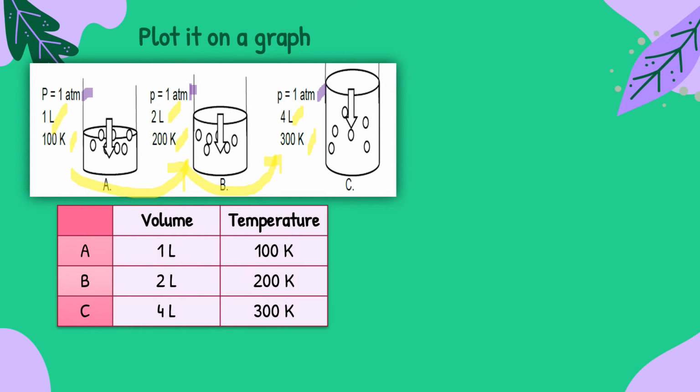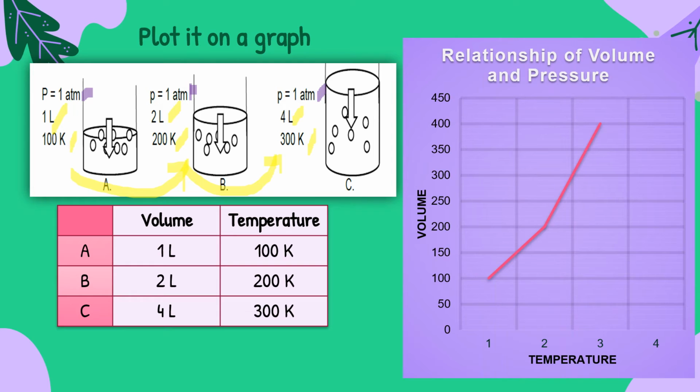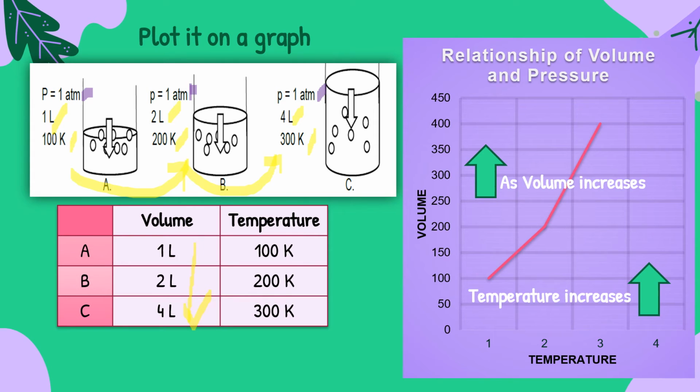Now, here is the table to sum up the information in this example. Now, let's plot it on a graph. As you can see, the volume of the gas in this example increases from 1 liter to 4 liters. As the volume increases, the temperature also increases from 100 Kelvin to 300 Kelvin.